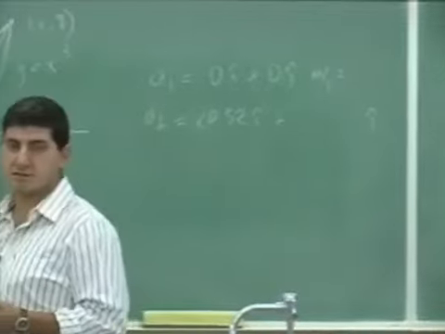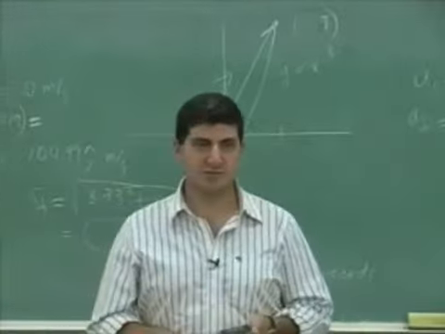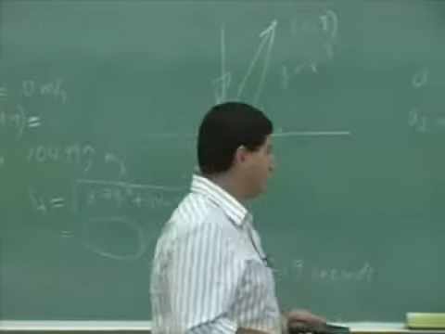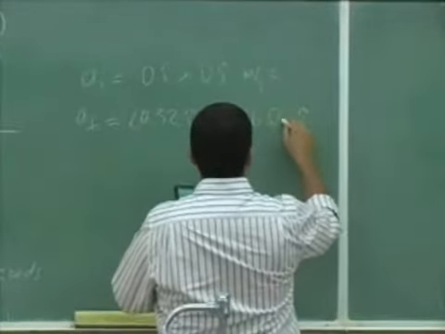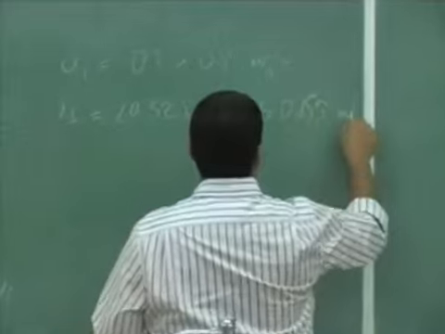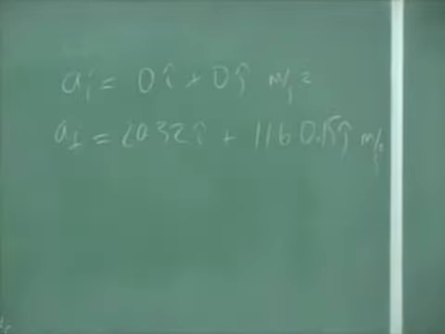Right? It's kind of on the slow side. I went a little slow, but I'll get there. 1160.15 meters per second squared. So this particle is just zooming.